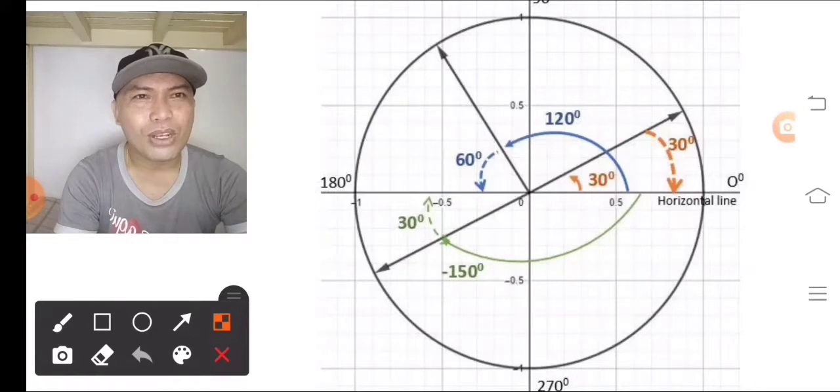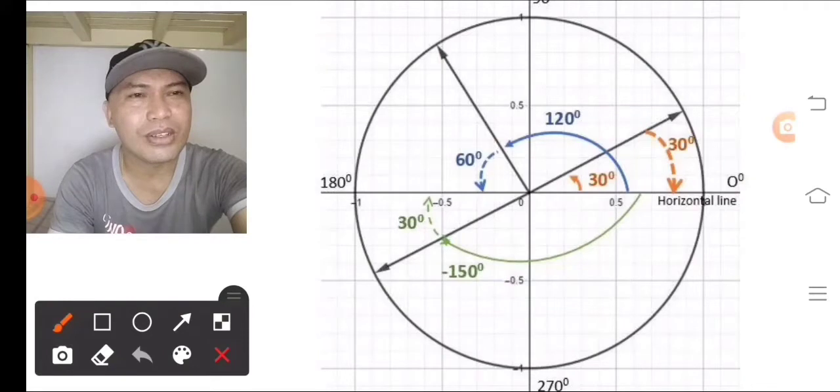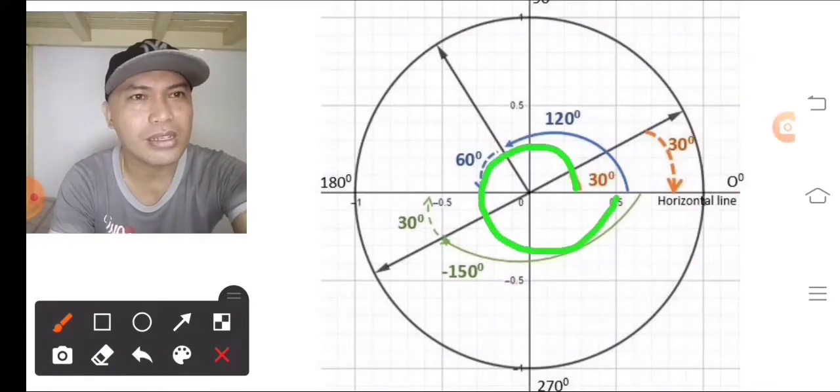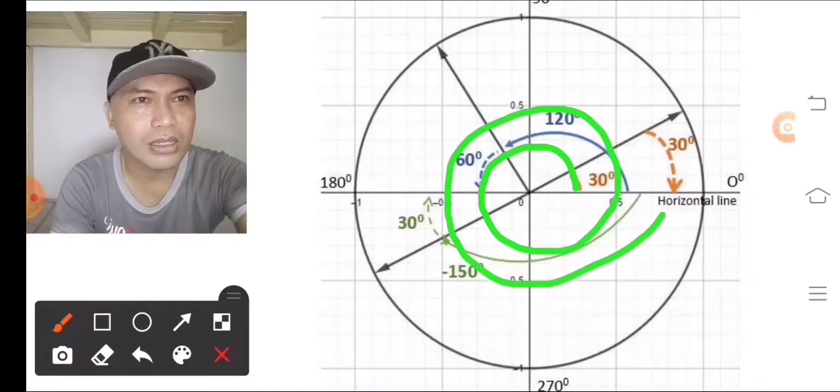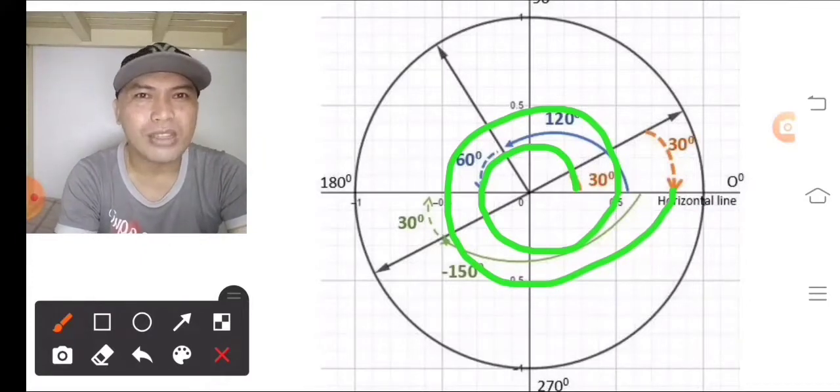Now for the reference angle of 750 degrees, let's try to illustrate. So one complete rotation, that is 360, then another rotation, that is 720.